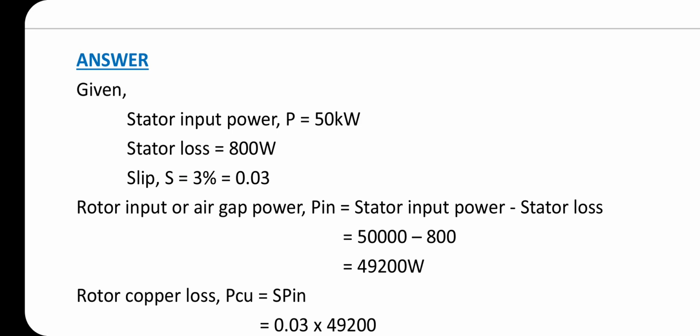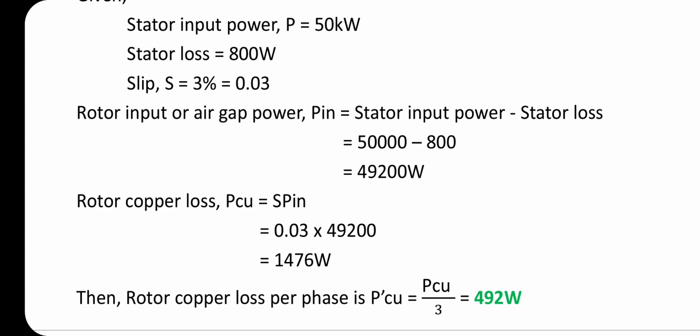Given stator input power P equal to 50 kilowatt, stator loss equal to 800 watt, slip S equal to 3%, which is equal to 0.03. Rotor input or air gap power Pin equals stator input power minus stator loss. Substituting the values of stator input power 50,000 and stator loss 800, which are given in the question, we get rotor input or air gap power Pin equal to 49200 watt.